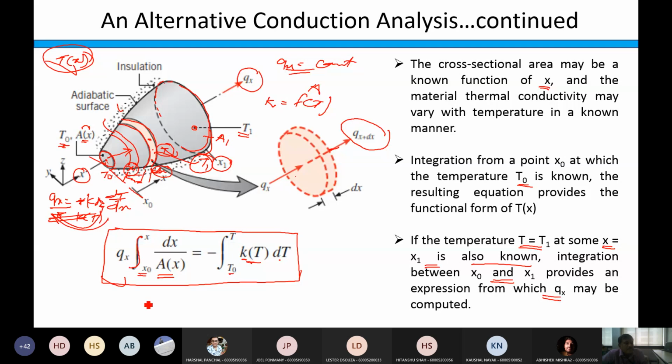So then I can find out qx simply. What I know is the temperature at this phase and this phase. I also know x0 and x1. So T0, T1 are known, x0, x1 are known. So I have the limits of both the integrals. Then what is unknown is only qx. So I can find out qx. This is how the rate of heat transfer qx is calculated. Are you getting my point or not?